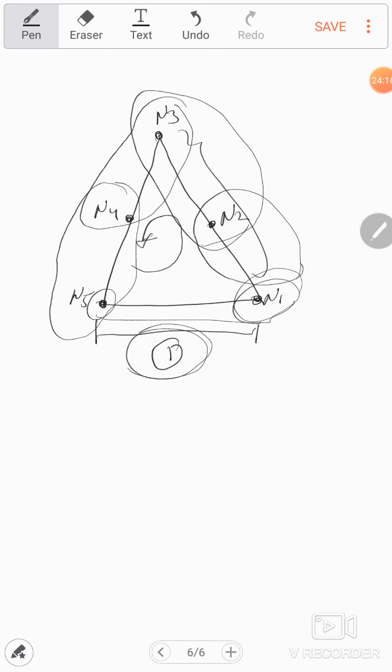If we also have a node here in the middle, this is element 1 and this is element 6. That's all, and I will show you the full example with the full solution in the next videos, and it will be easy for you. Thank you so much for your kind attention and watching.